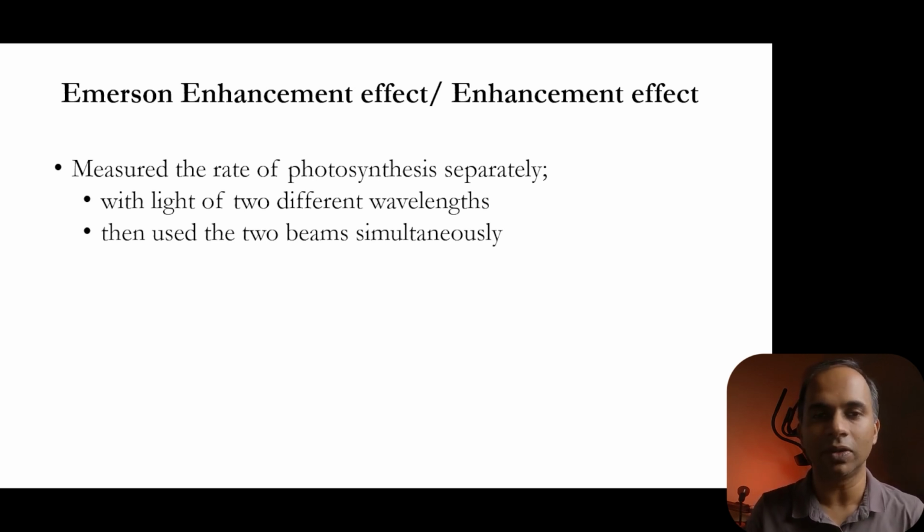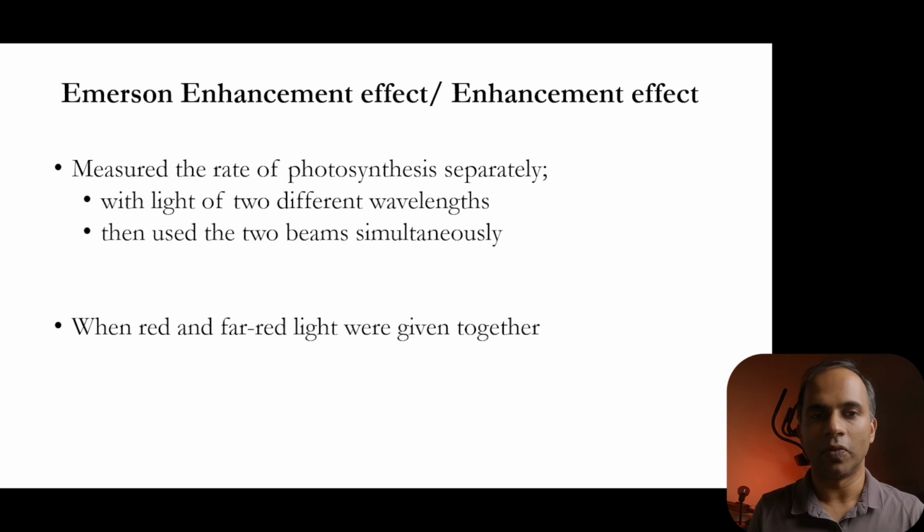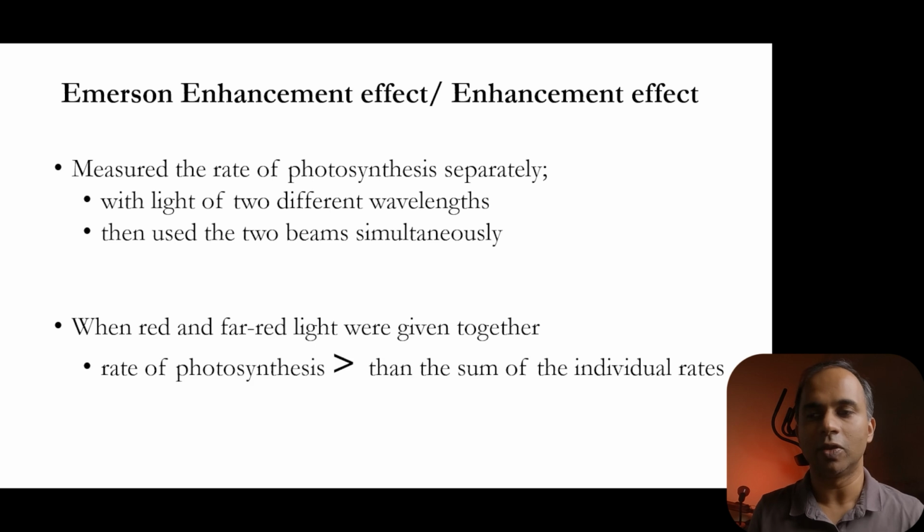Okay, so he was doing this experiment for different wavelengths. What he found out was, when he used red and far-red light together, the rate of photosynthesis was more than the sum of the individual wavelengths. So that means the photosystems are absorbing red and far-red.